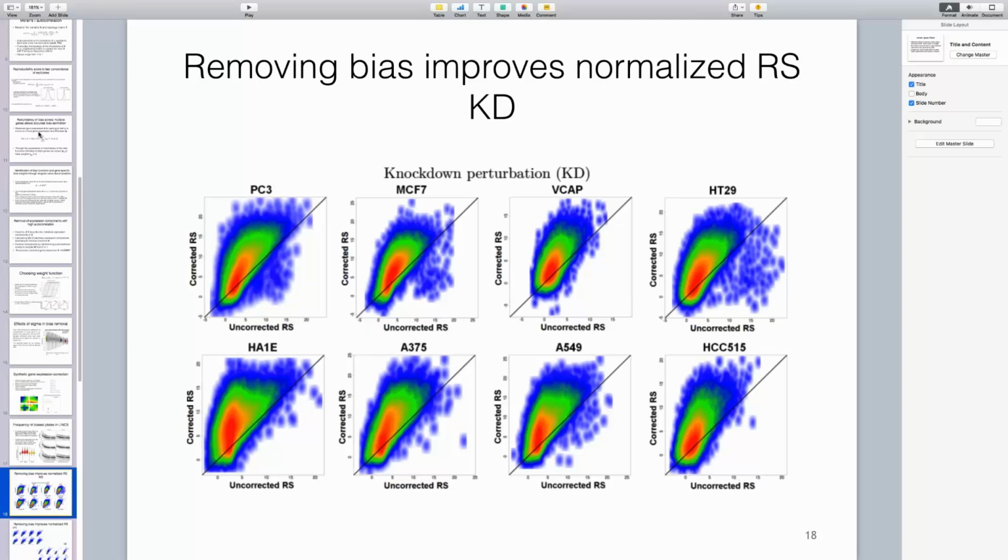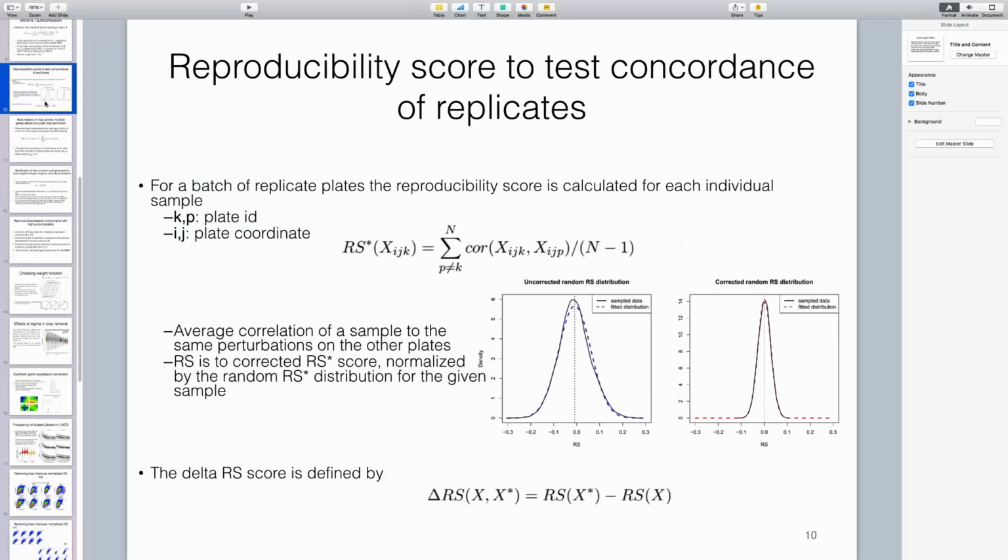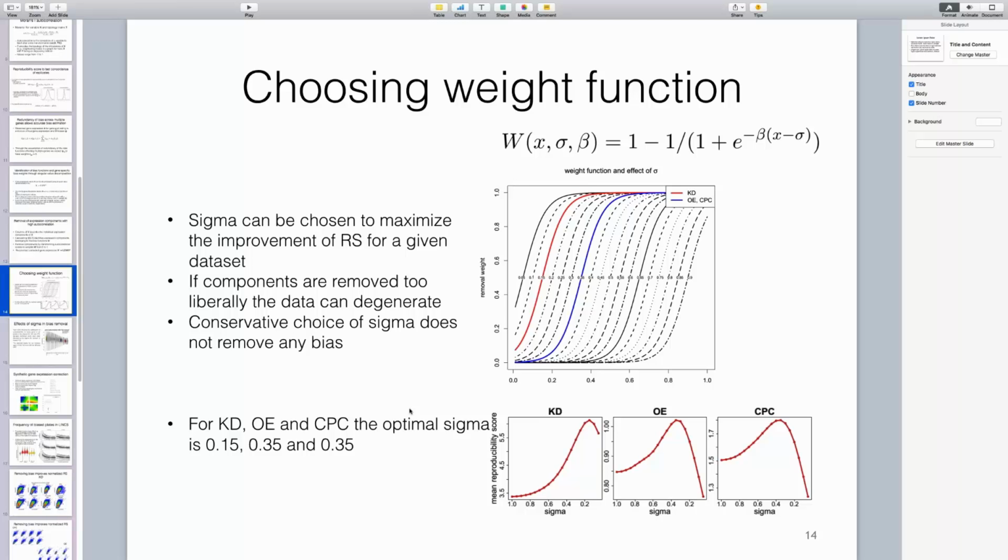Right, but I didn't see where you explicitly do this normalization, or that's implied somewhere. So the reproducibility score I really only use as a benchmark. Okay. And to infer also the optimal sigma, right? For example, here, if I try to identify sigma, I calculate the change in the mean. Sorry, it doesn't say, but it's the mean normalized reproducibility score.